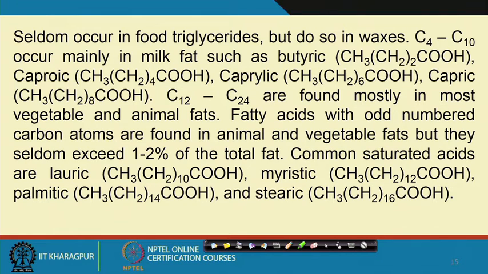Theoretically it can be C2 to C80, but for all practical purposes, those available in nature mostly vary between 2 and 20, and C16 and C18 are more occurrent in nature. But beyond C24, it seldom occurs in nature.